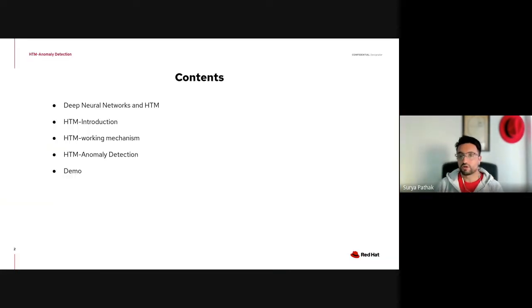Today's talk includes a brief comparison of deep neural networks with HTM, followed by an introduction to hierarchical temporal memory and its working mechanisms. I will then conclude my talk by giving you a brief intro about anomaly detection and showing a little bit of a demo about how I applied this HTM algorithm in detecting anomalies in CPU usage data from the Operate First cluster.